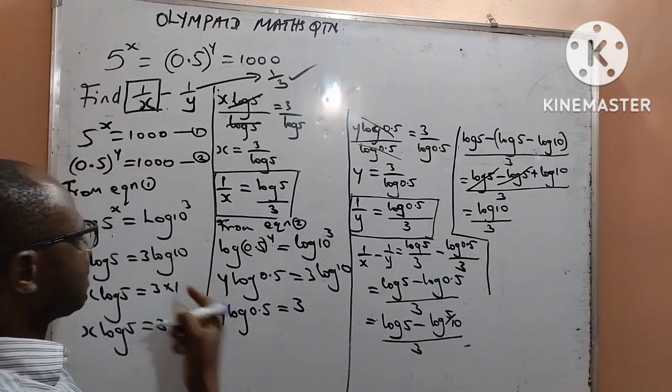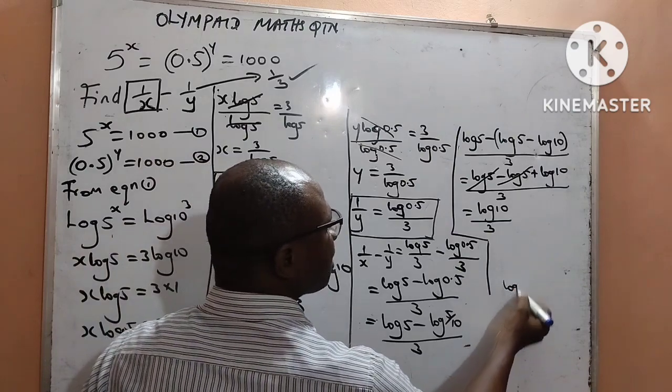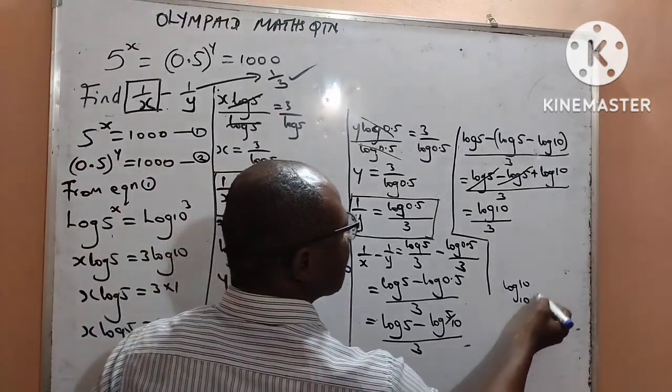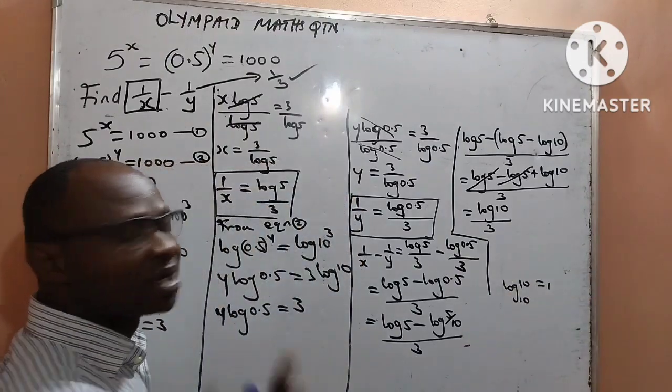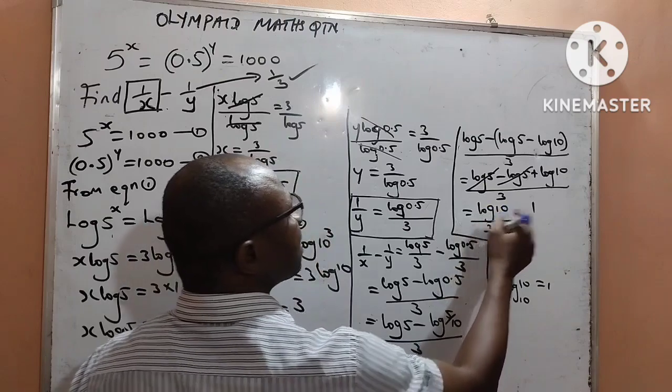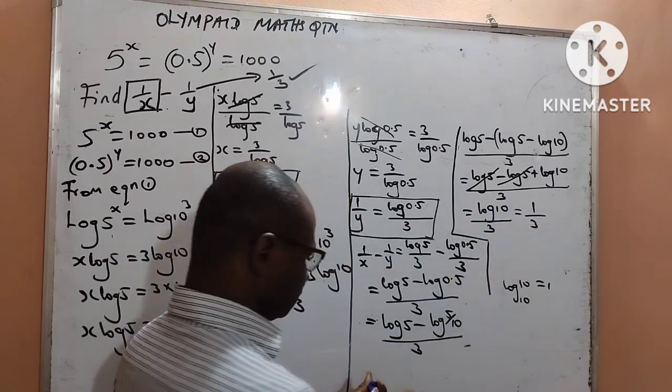But I have already told us here that the log of 10 has a natural base, which is base 10, and it is equal to 1. I can now write therefore that log 10 is 1 all over 3.